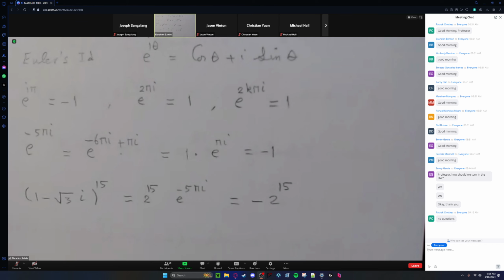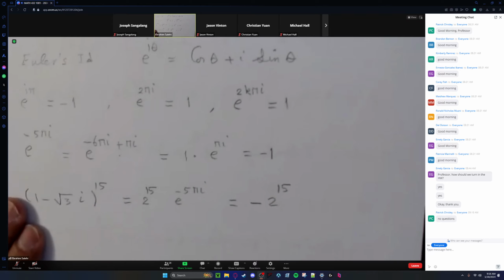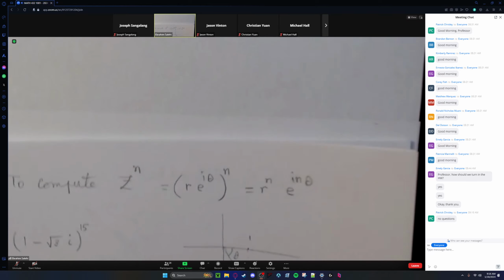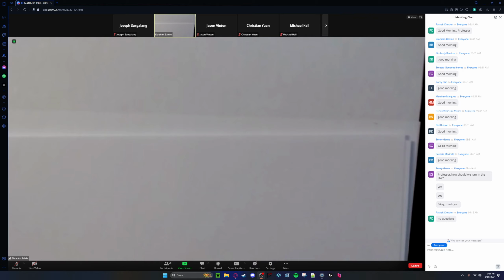So this was the second application for that Euler's formula or polar representation. Here is the next one, and that next one is very interesting.